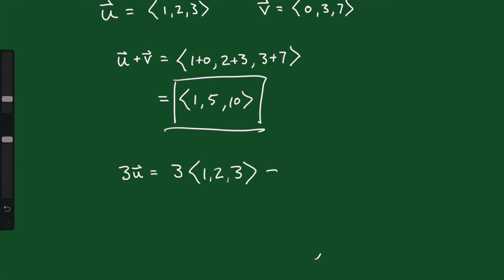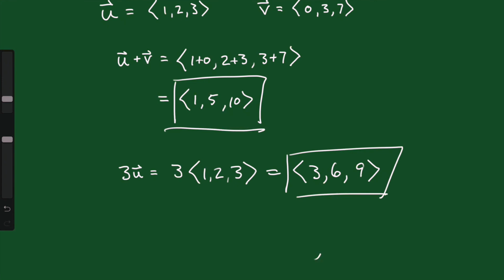And we know that we can multiply that scalar through the vector and just turn this into the vector 3, 6, 9. So all of the operations that we talked about last time for vectors in 2 dimensions apply exactly the same in 3 dimensions. I think you're ready to do some homework over 3 dimensions, and I will talk to you soon.